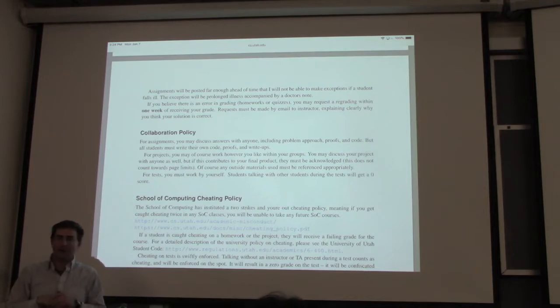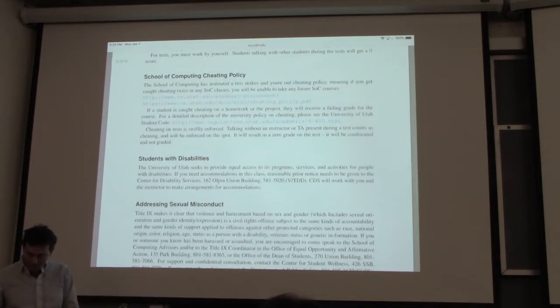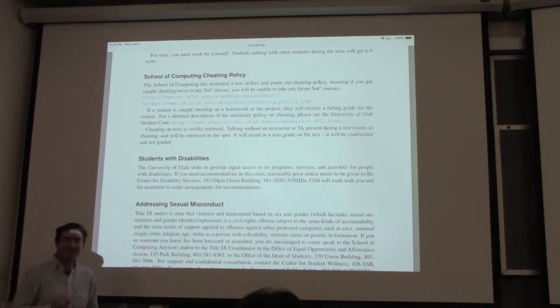If I catch you talking during the test, if I or one of the TAs is not present, I will take the test from you and it's going to get a 0. That's the only way to get this to work for a large class, at least for me. It hasn't happened yet, but once I had this policy, it cut down on possibly bad chatter. So it seems to be working.